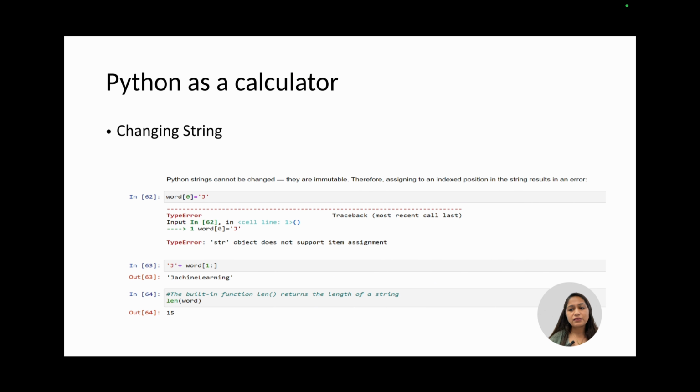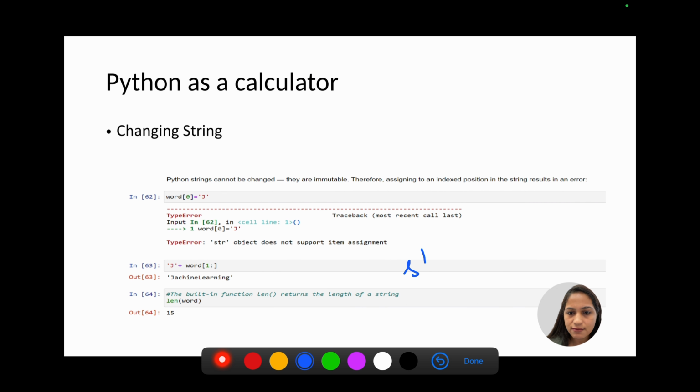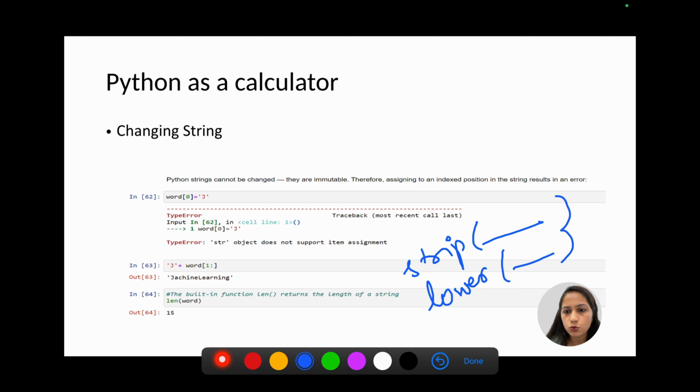Now, Python provides many useful string methods. For example, there is a method called strip. If you provide any string in it, it will remove extra spaces at the beginning and the end. There is another important method called lower, which converts any text to lowercase. The method upper converts any string to uppercase.